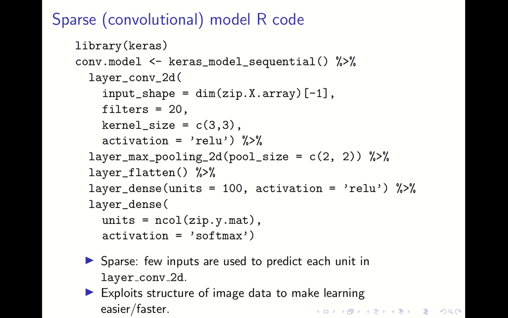So it's going to be able to detect maybe different edges of the different digits using these convolutional layers. Here we specify activation equals ReLU, that's rectified linear units, and here you have to specify some kind of nonlinear activation function to get better results than the linear model.